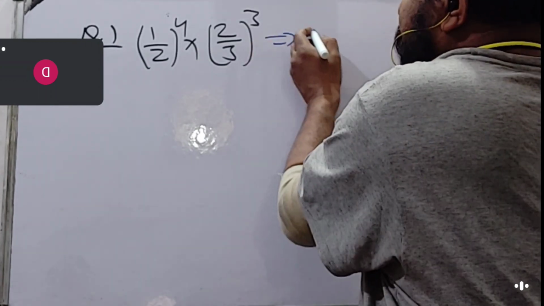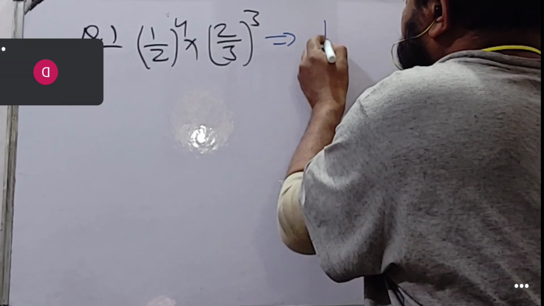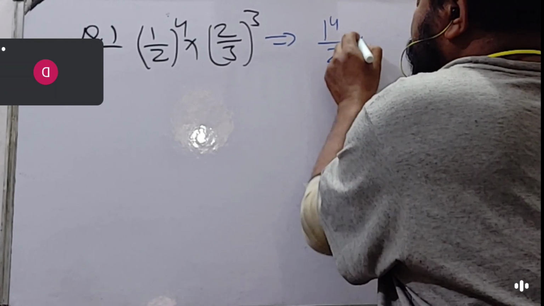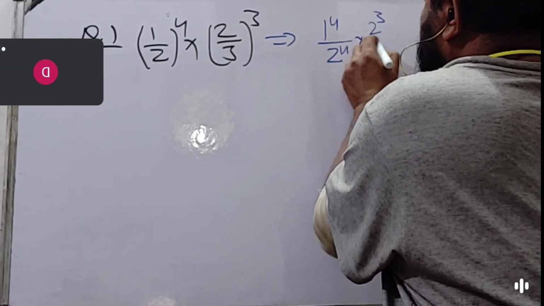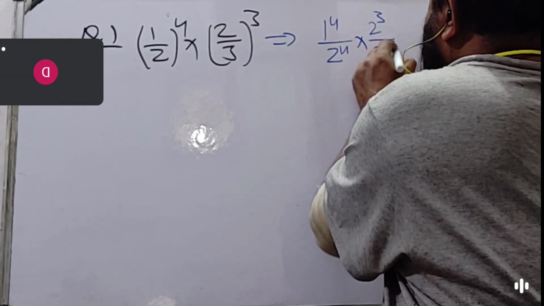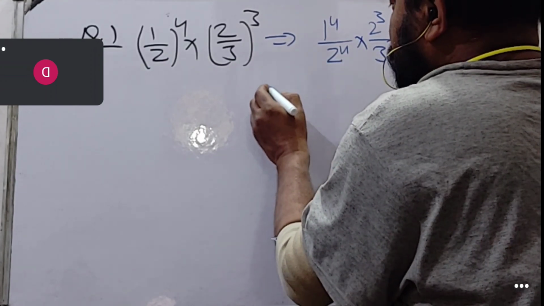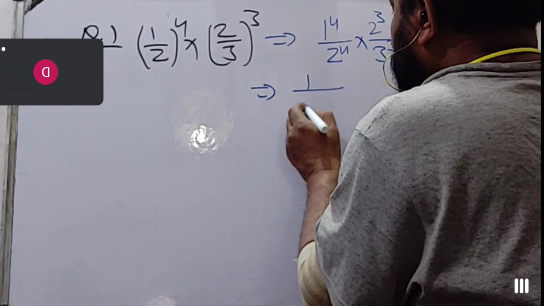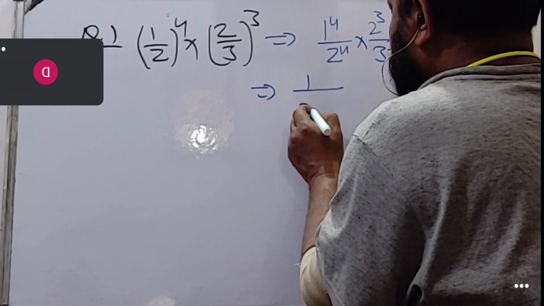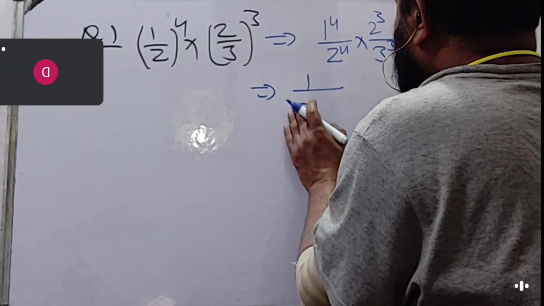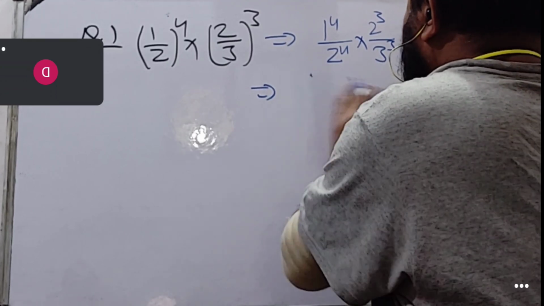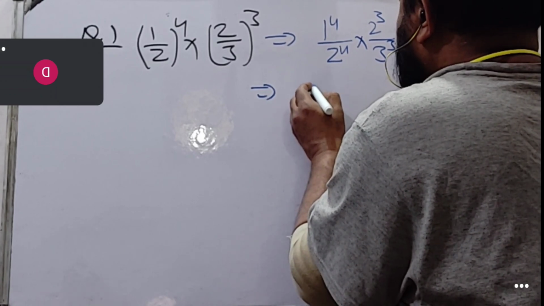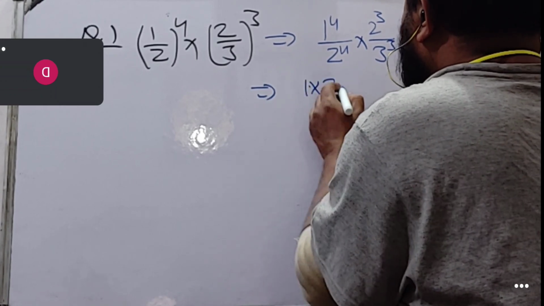Okay, you write 1 raised to the power 4 upon 2 raised to the power 4 into 2 raised to the power 3 upon 3 raised to the power 3. So now it becomes 1 upon 2, 1 into 2.